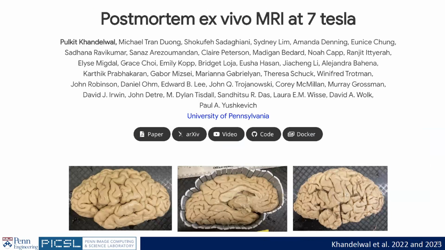So now some self-promotion time. This is what you're doing in assignment 1, right? Trying to use this postmortem ex vivo data at 7T using the 2 sequences and trying to segment the gray matter from the rest of the image. In the lab, we have done this with a T2 weighted sequence at 7T, imaged at 300 microns, which is isotropic 0.3 mm.